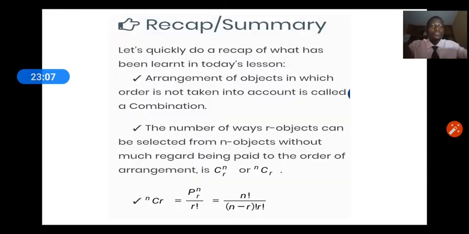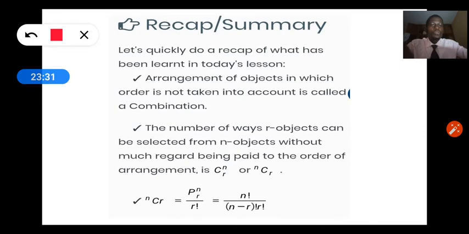So in this class today, our summary is we have learned that combination has nothing to do with arrangement of objects. No order is required in combination. We only choose and select irrespective of the order of arrangement.